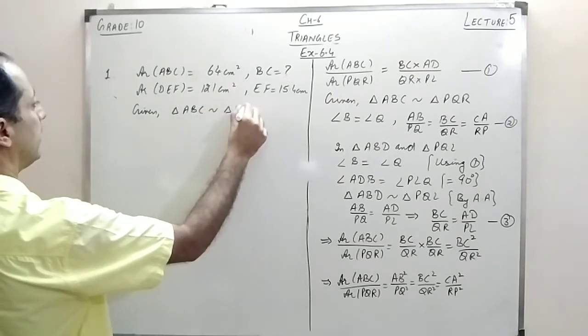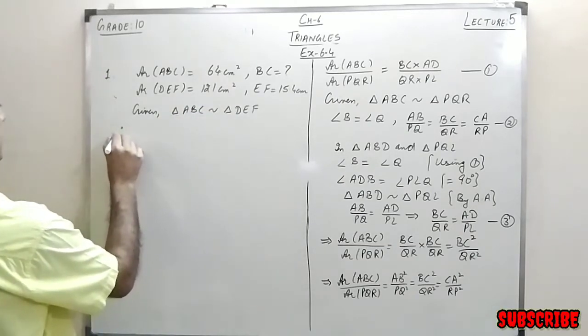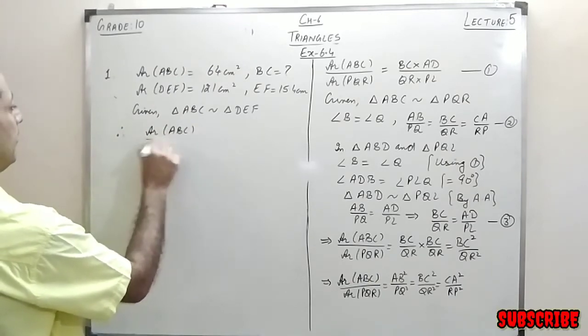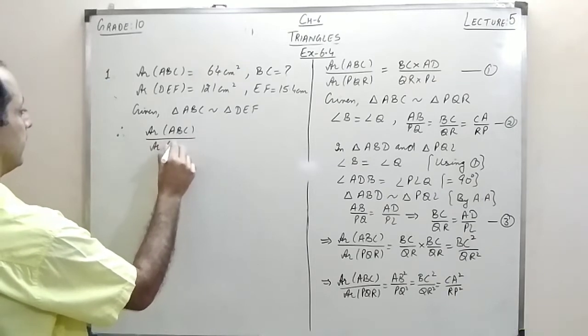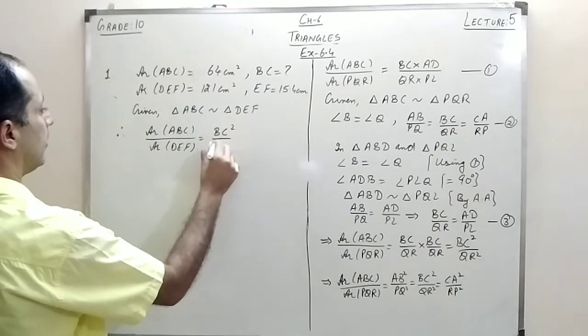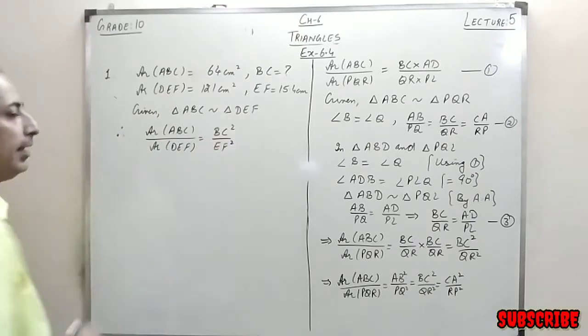Right. Now since the triangles are similar, given that triangle ABC is similar to triangle DEF, therefore area of ABC upon area of DEF can be written as BC square upon EF square.